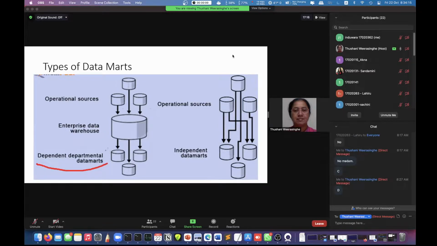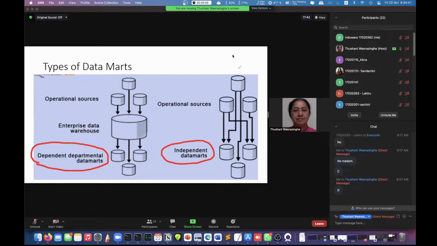Dependent data marts means you have to depend on the data warehouse. Independent means you don't have any data warehouse here. Okay, no data warehouse. So this is for small and medium type organizations. They don't need to have a data warehouse. They don't have a large amount of data, so they can easily go with data marts.